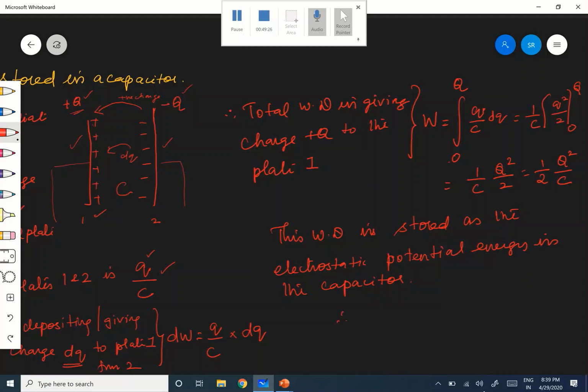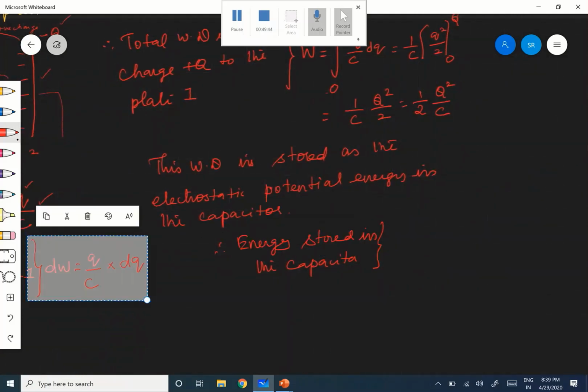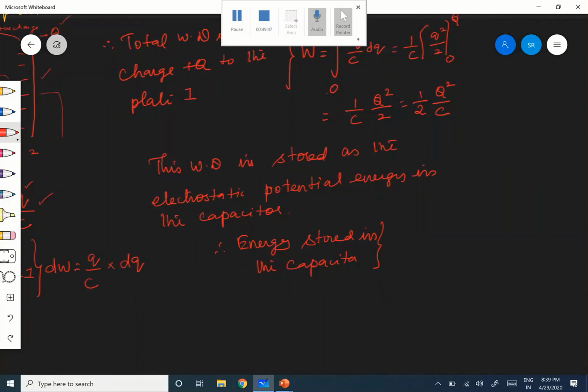Therefore, what is that energy stored in the capacitor? That is U, which is equal to half Q squared by C. Okay, this is one equation.